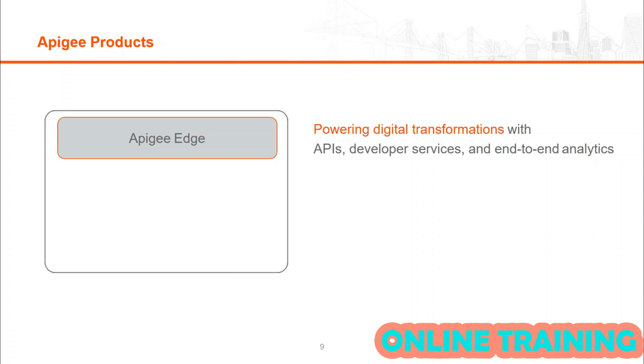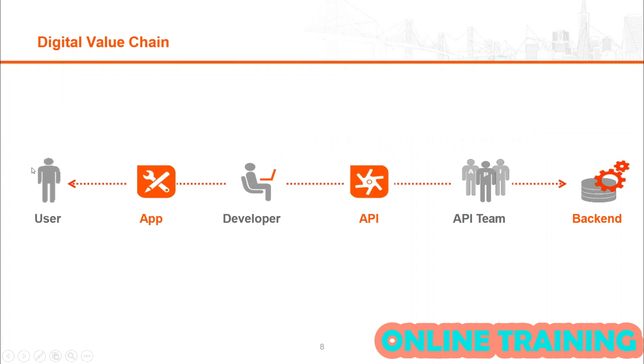See, accessing the data directly from the backend. Let me show you. If this is the user accessing an app, and the app goes directly to the backend, there are a lot of things that can be missed, or have to be separately developed.